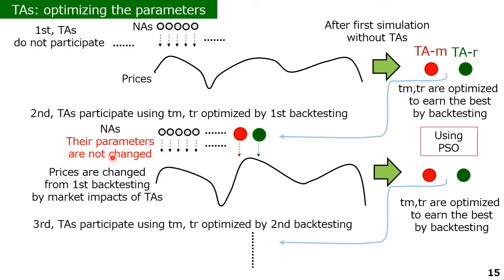The normal agents have exactly the same parameters, but their trades are different from the first simulation, and so the time evolution of prices is different. And the best TM and TR are also different, so they should optimize again. And TM and TR change, so the third simulation.